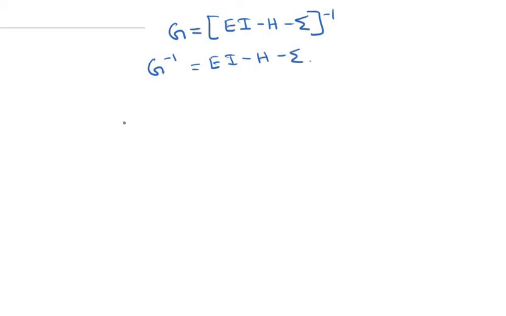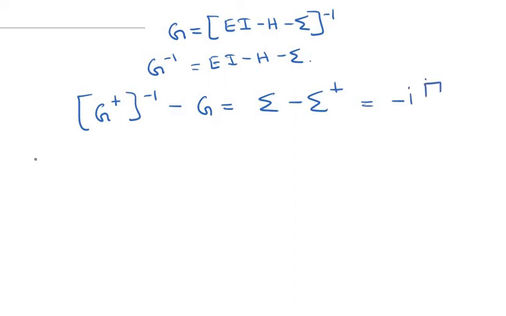Now we know that the Green's function for the channel is E I minus H minus sigma, inverse. So G inverse must be equal to E I minus H minus sigma. So G dagger inverse minus G inverse is equal to sigma minus sigma dagger, which is equal to minus i gamma.